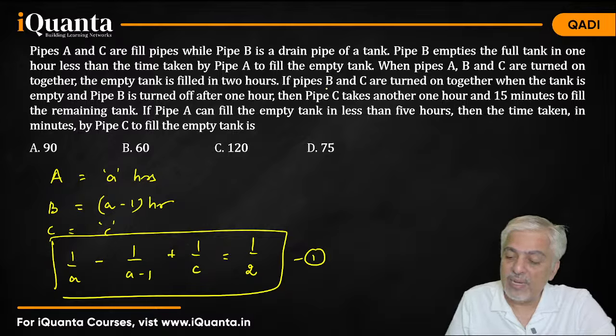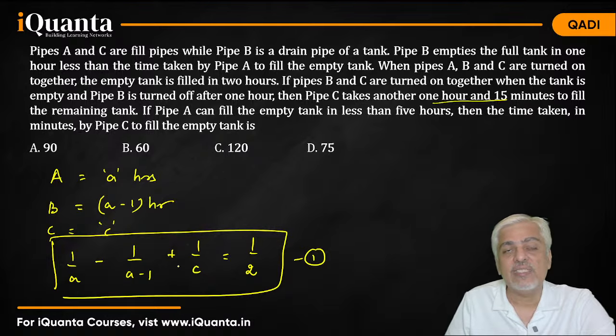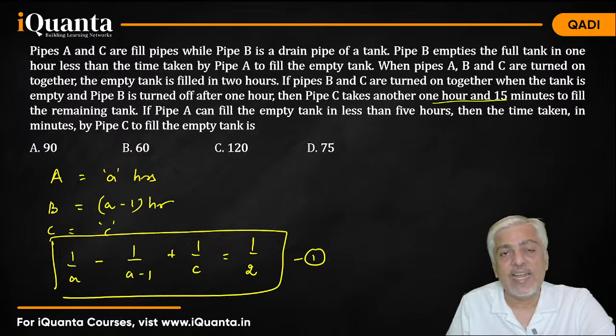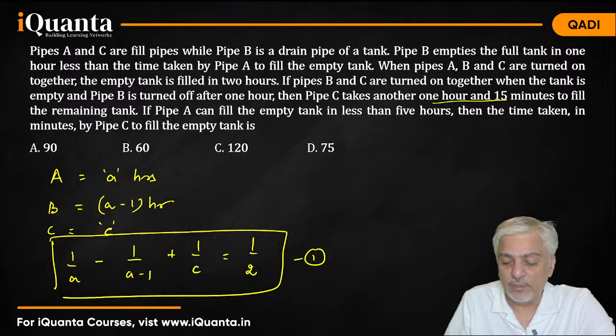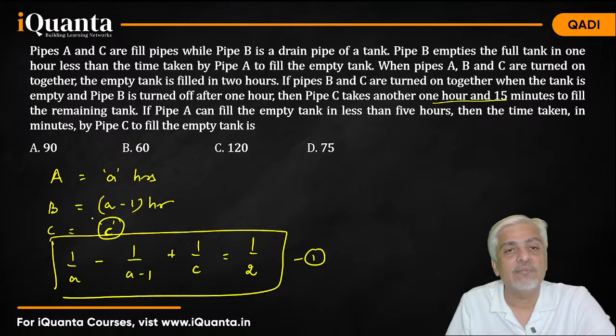Then if pipe B and C are turned on together when the tank is empty and B is turned on after 1 hour, then C takes another 1 hour 15 minutes. That means C for 2 hours 15 minutes, that is 9 upon 4. Okay. C in 9 upon 4 hours. C is able to fill the tank in C hours.